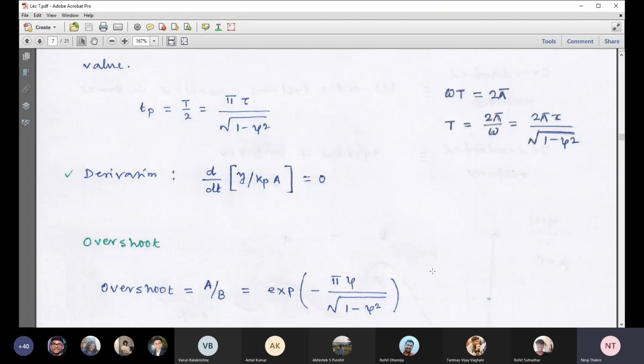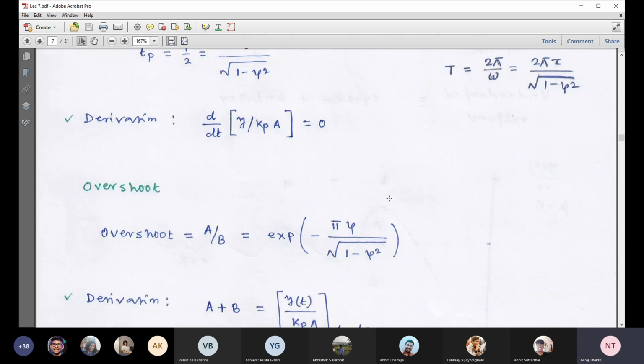A plus b, tell me. 1 plus exponential of minus pi zeta by root over 1 minus zeta square. What's your number? Yes. So I think many of you got. Okay, I hope that other students are trying.